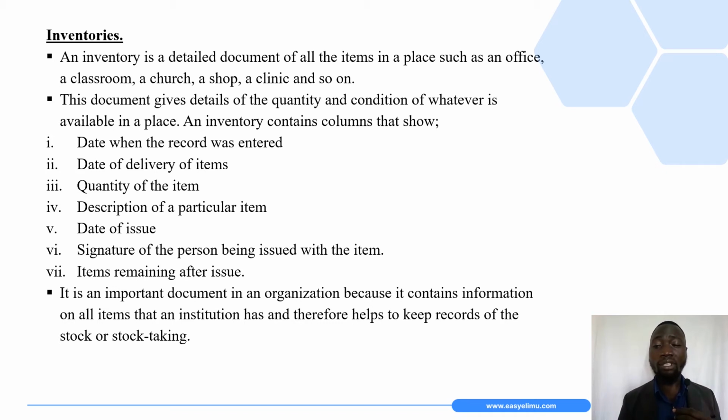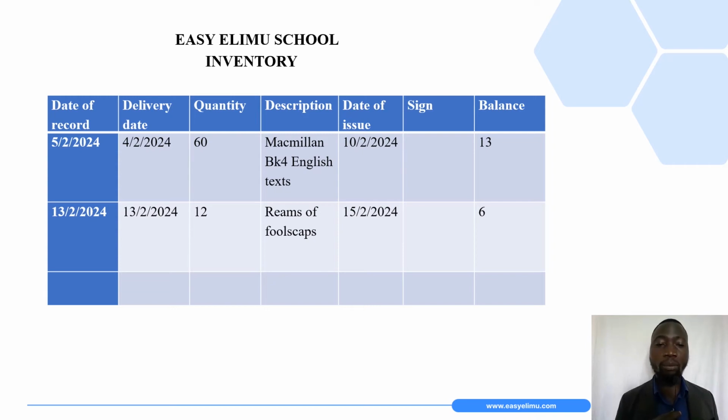So it is important to always keep record and to keep track of your stock, that is the things that you have, because failure to do so, you might end up losing some, or somebody can just come for an item and you won't be able to remember who and when.